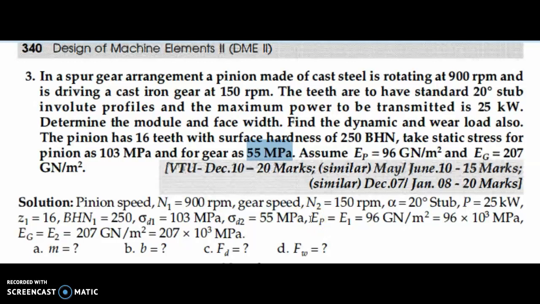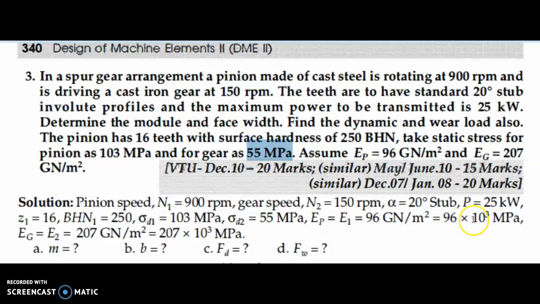In this question, they also gave the Young's modulus. We can use this Young's modulus to find a particular value. So we write E1, the Young's modulus of the pinion, is equal to 96 giganewton per meter square, or 96 into 10 raised to 3 megapascal, because we know that giganewton per meter square can be converted into megapascal by 10 raised to 3.